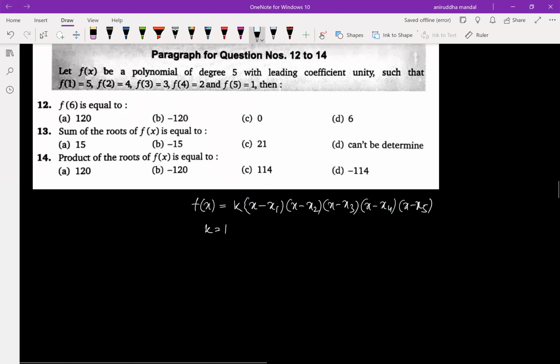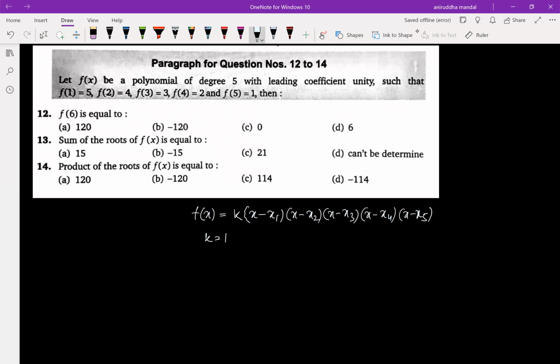Okay. So next, f(1) is 5, f(2) is 4, and so on. So we can write f(x) as 6 minus x. Now put the value of f(1). So f(1) is 5. Similarly, f(2) is 4.